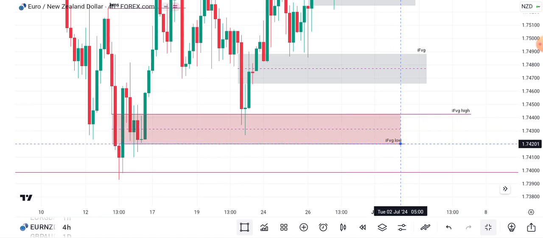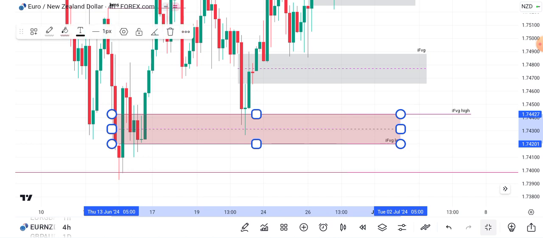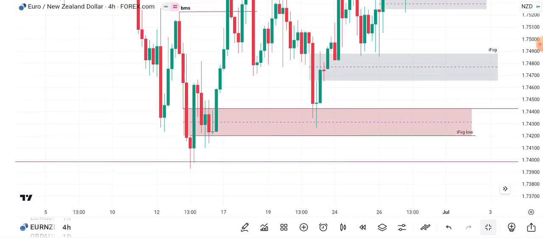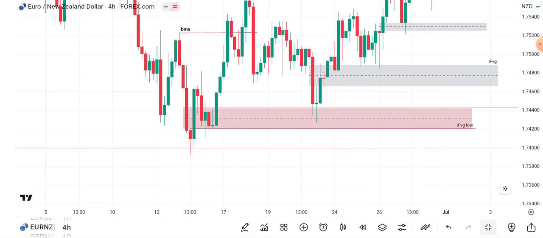Every ICT concept is rule based. If you're not able to follow the rules, you might just discover that it's not working, and you don't want to be part of what is not working. So that's the inversion fair value gap, which price eventually entered into twice before traveling higher.